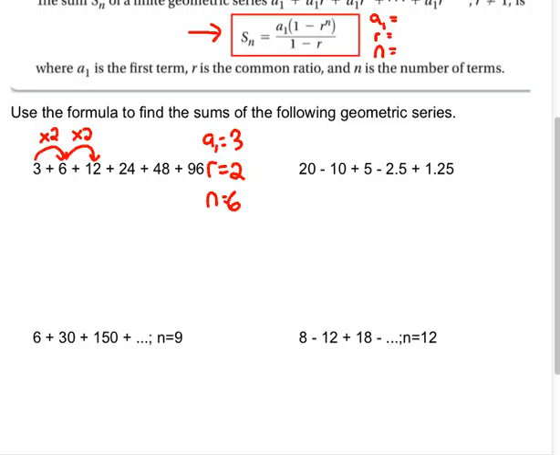So these first couple, again, I know are going to be very easy, but I want them to be because I want you to be able to see what's happening. So let's plug that into the formula. So my summation formula says A1, which is 3, times 1 minus the rate, which is 2, to the n power, all over 1 minus that rate of 2.